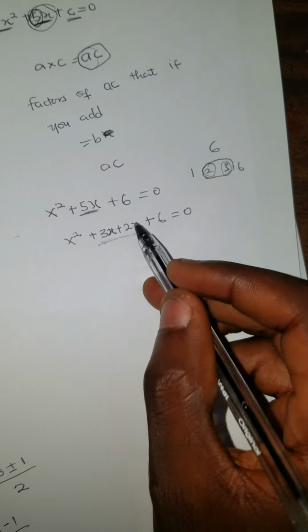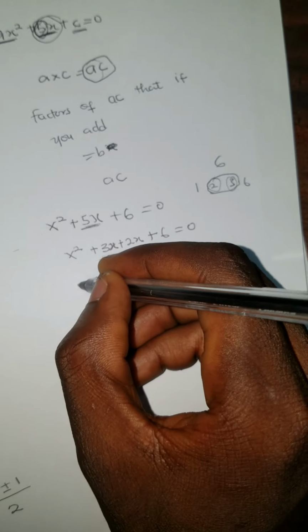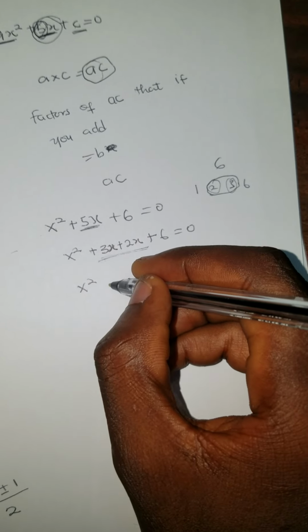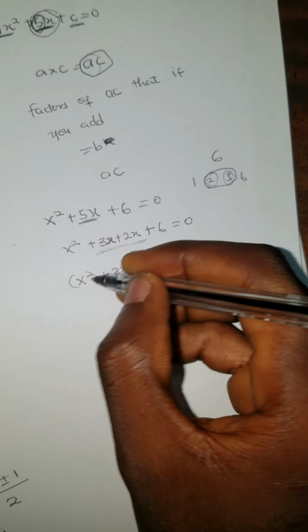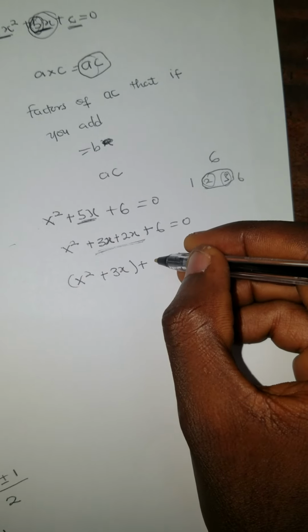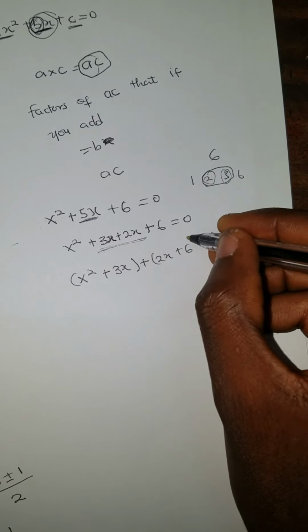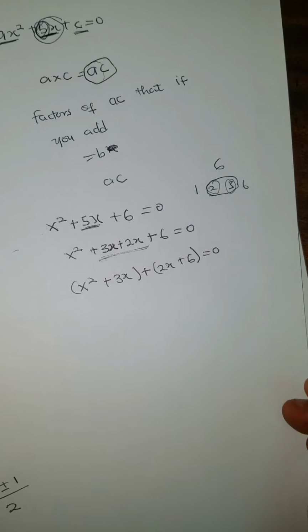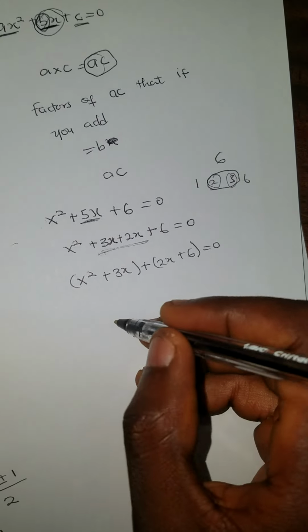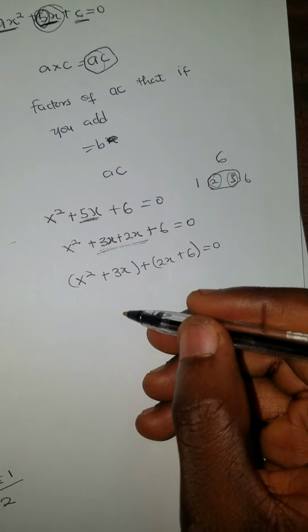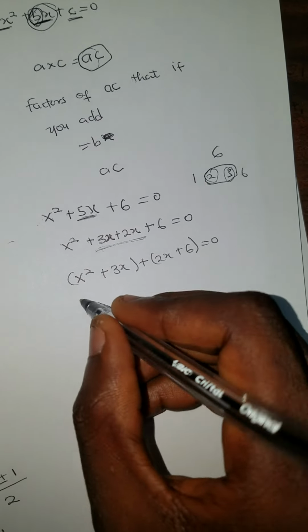If you add them, you get 5. So this is x squared plus 3x plus 2x plus 6. We have just grouped them.